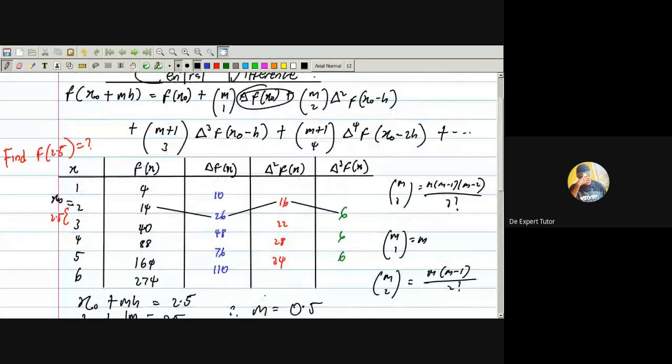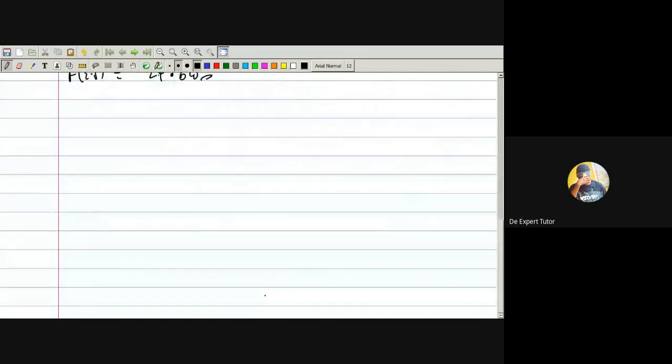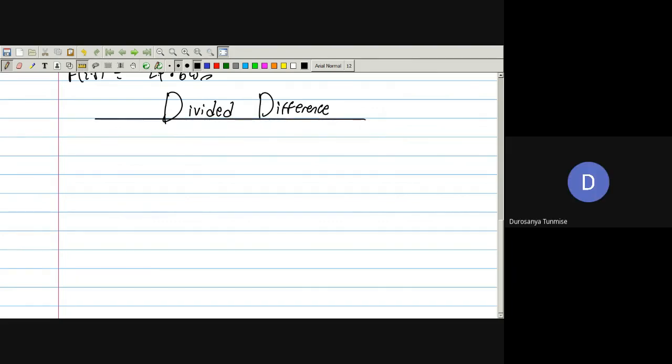Yes. And lastly, we are looking at the divided difference. Central difference looks easier.